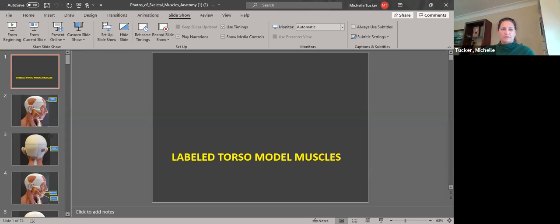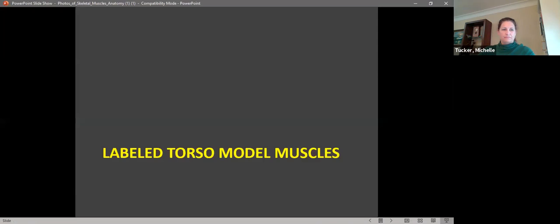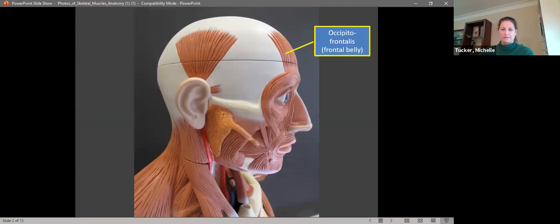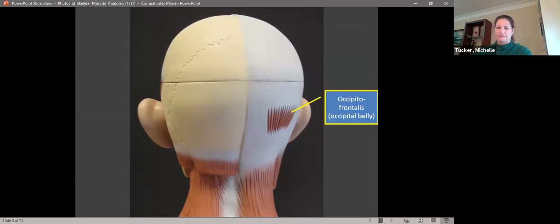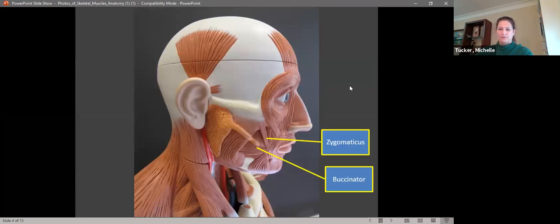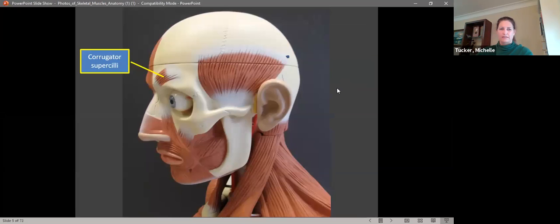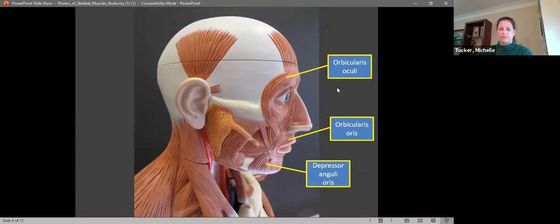So this is a reference for you to use. These are the photos that will be used for your lab exam, and they do a really nice job of showing you where all these muscles are. So if you need a reference for our torso model, this is it. This is the reference that you should be using.